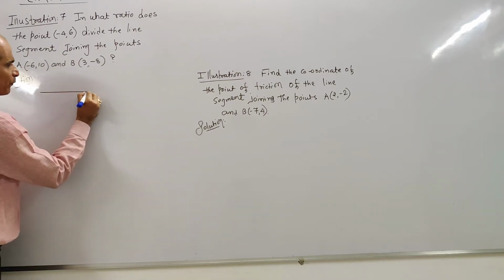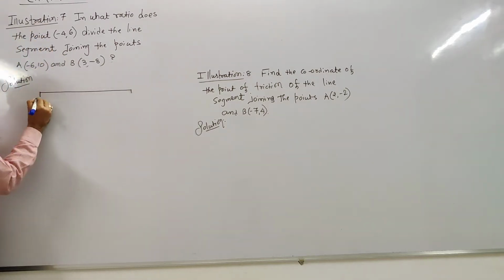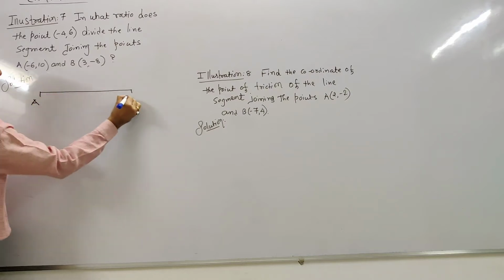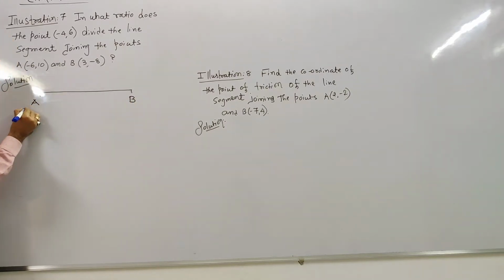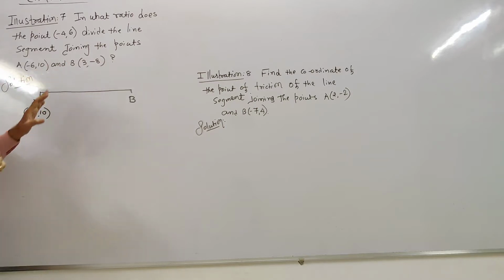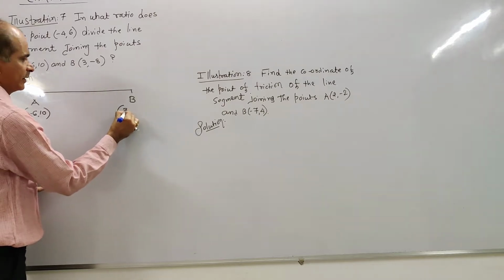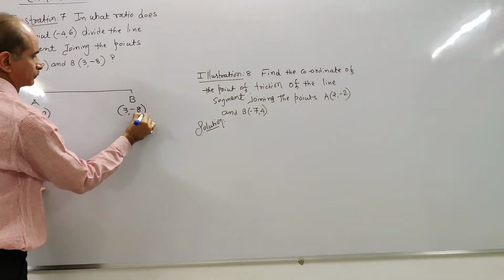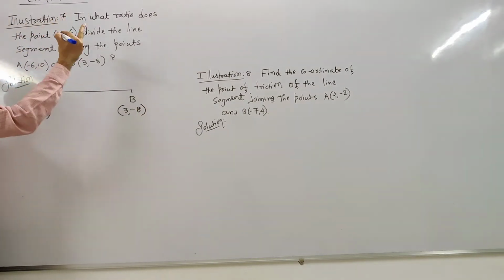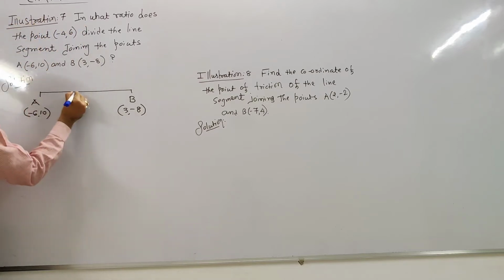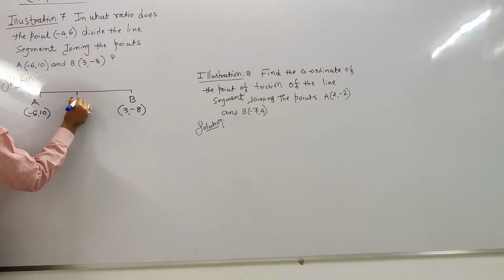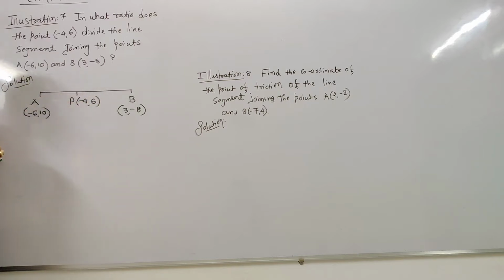So let me draw one line segment. The name of the line segment is AB. The coordinate of A is (-6, 10). The coordinate of B is (3, -8). Now in which ratio does the point, let me represent this point (-4, 6) as point P, divide it?